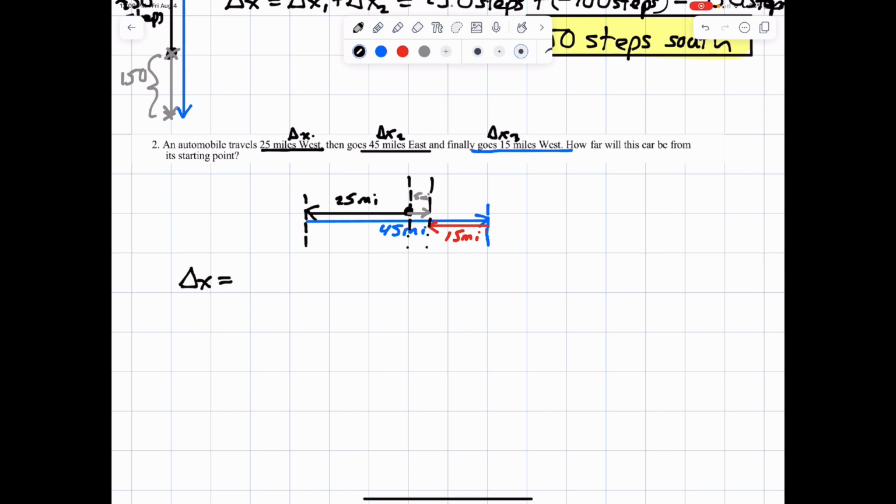Delta x1 is 25 miles west, or negative 25 miles, plus 45 miles east, a positive 45 miles, plus 15 miles west, so plus a negative 15 miles. When we add those up, negative 25 plus 45 is 20, and then 20 minus 15 is 5. Since we get a positive answer, it is 5 miles going east.